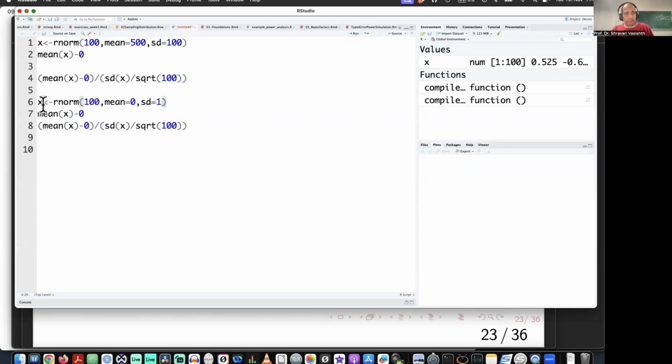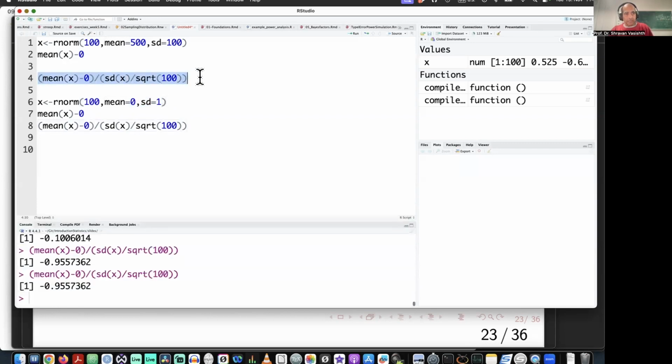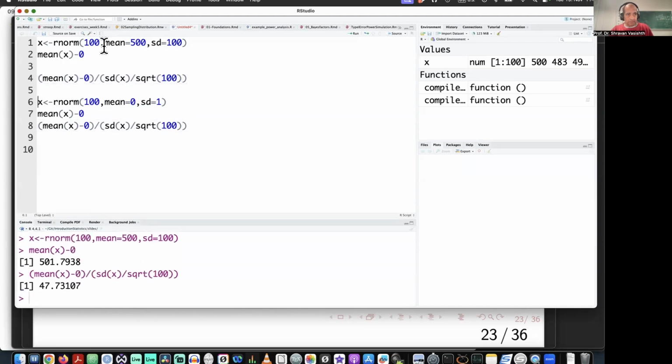But if we compute the standardized distance in the two distributions, then those distances, let me do this again. So this distance from the normal distribution with mean 500, standard deviation 100, and this other standardized distance from the standard normal distribution, these two are now on the same scale, right?